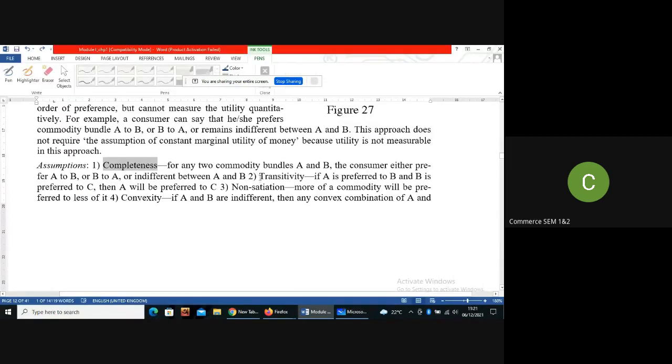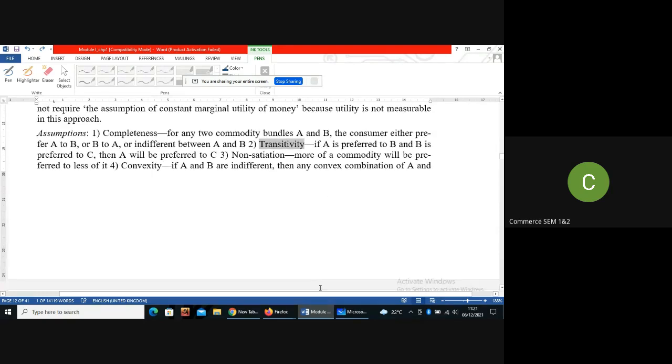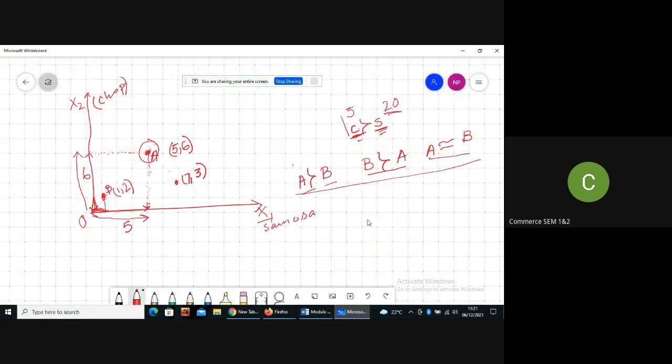Next assumption is called transitivity. What is transitivity?